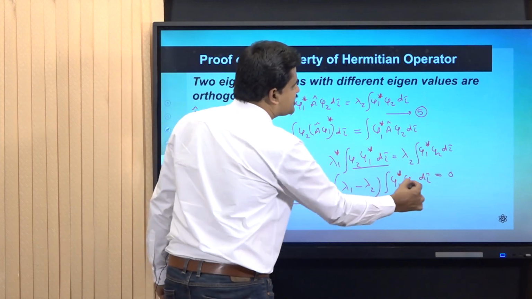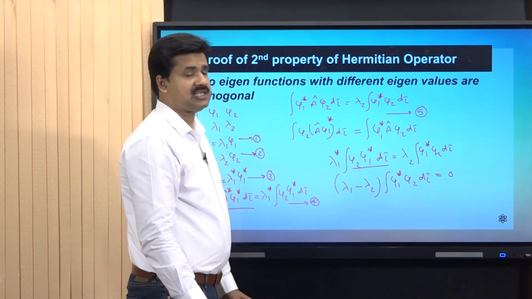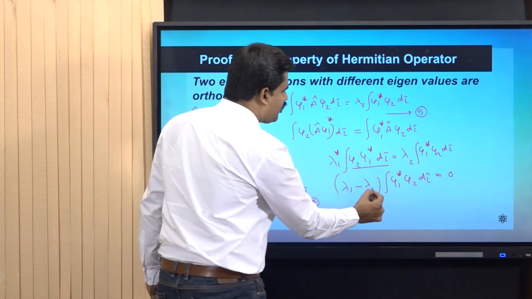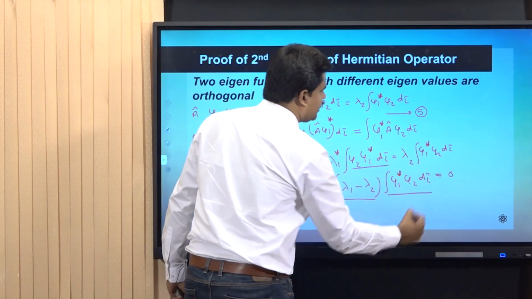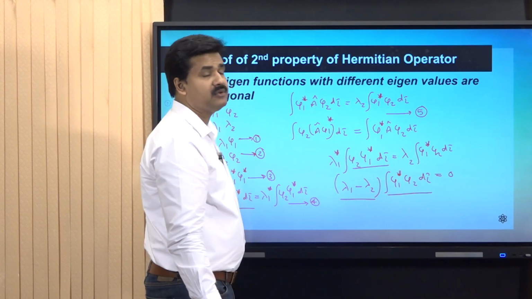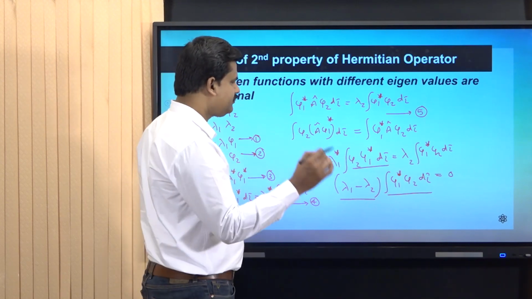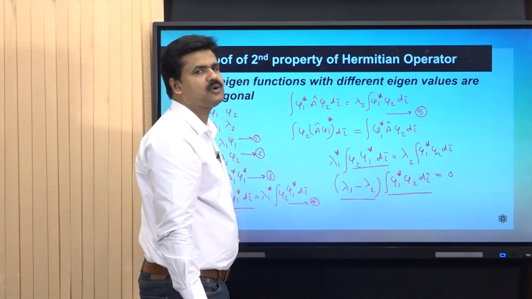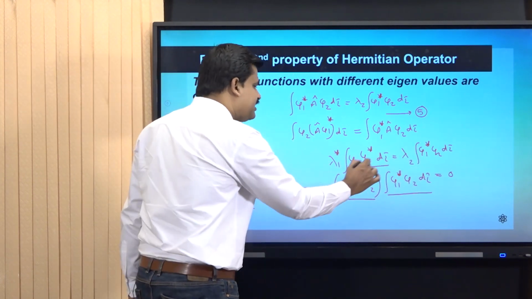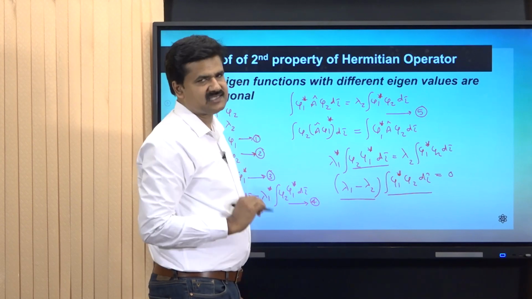This is a product of two terms. Lambda 1 minus lambda 2 is the first term, and the integral of psi 1 star psi 2 d tau is the second term. In order for the right hand side to equal 0, one of these terms should be 0.